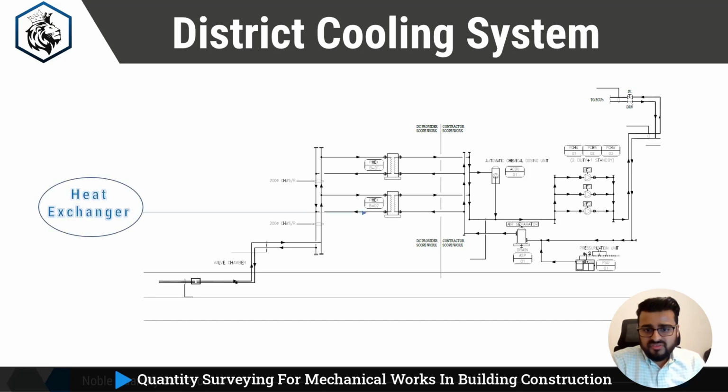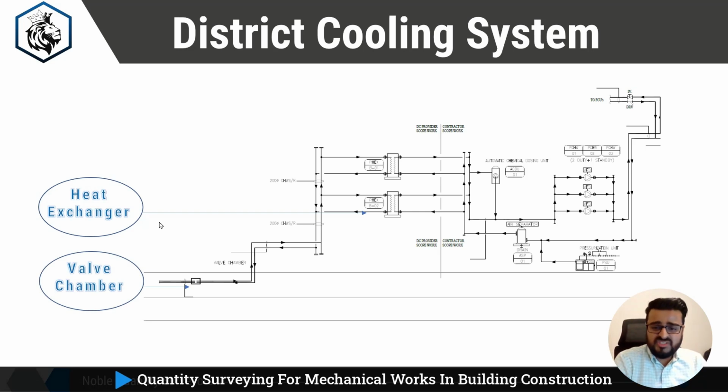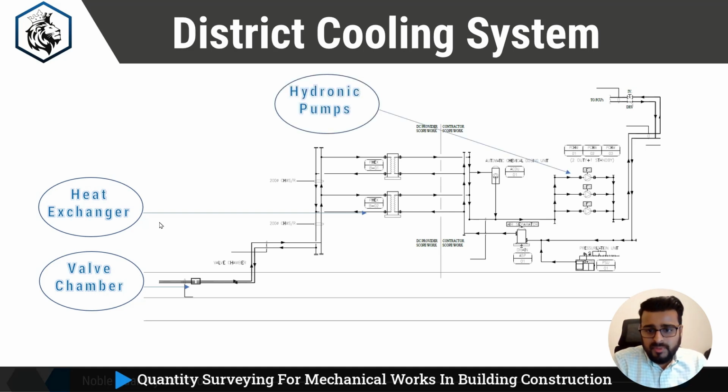So what is here is one heat exchanger placed inside the building, and this is the valve chamber, which is known as the tie-in connection point. And these are the hydronic pumps, and after that the connection will be the same as we have seen for the chillers.